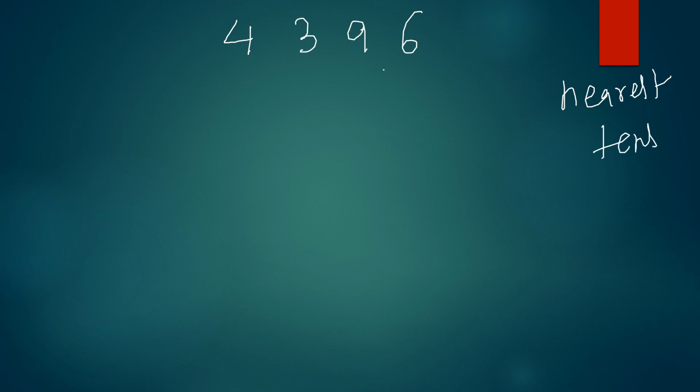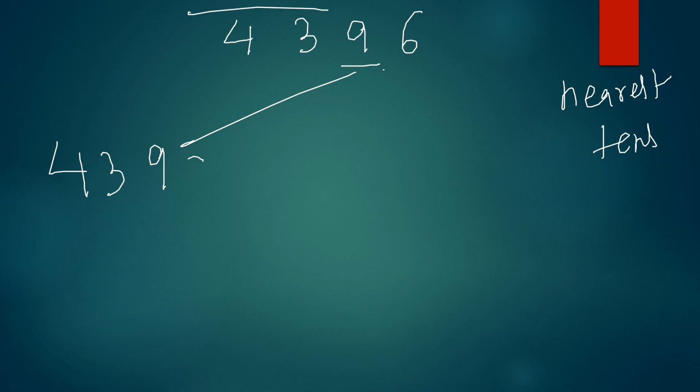So let me find a different number. Let us say we have a 4-digit number, 4396, and we want to round it off to the nearest tens. In this case, nothing has changed. Just check the digit in the tens place and find the range. 9, you will write it. Whatever is before 9, write them as it is and put a 0 at the end.